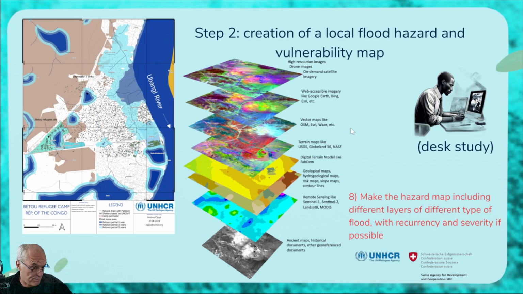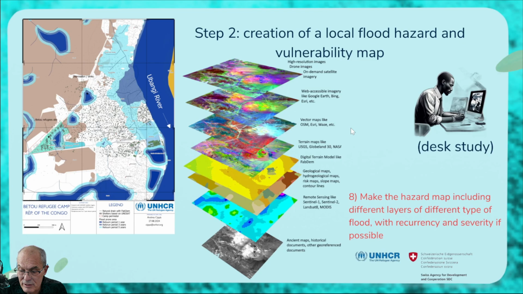Eventually, if possible, a high resolution image given by UNOSAT because we requested, or someone requested. If you are lucky, you can even have drone images if there is a drone. So many layers. And like you know, the GIS software works on layers, and now it's a matter of overlapping all those layers and developing your flood hazard map and vulnerability map.